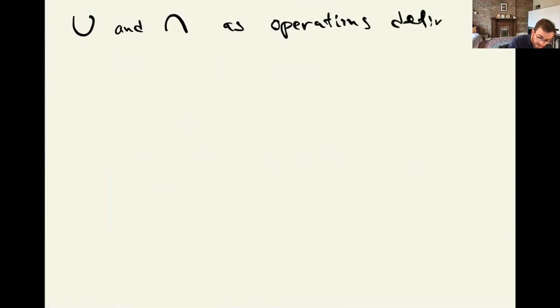So there's one more bit of information, which is going to be useful when we talk about the axioms of probability, which is the notion that we want to think of union and intersection as operations defined using 2 sets.